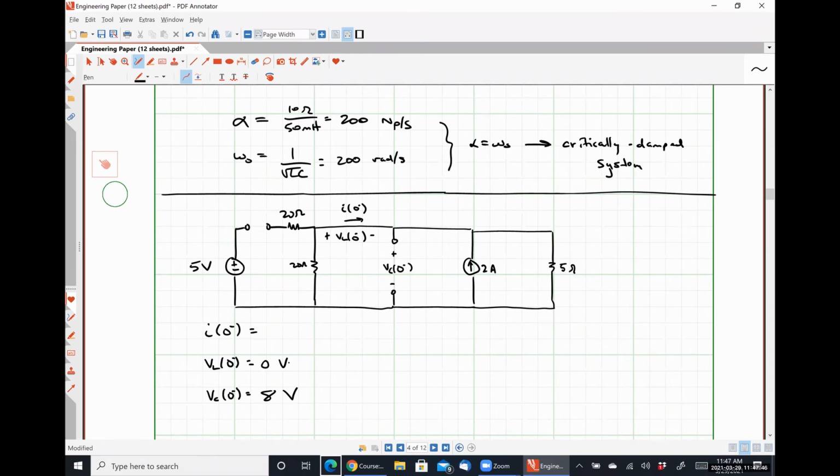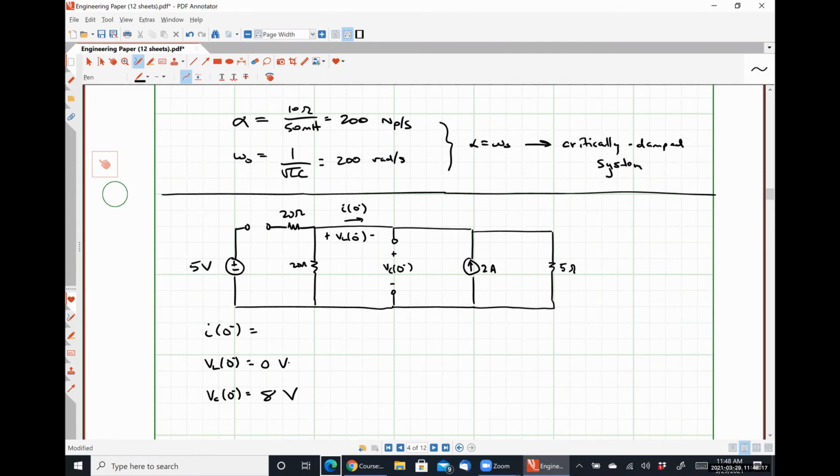Multiple ways that we could approach this. Knowing what the capacitor voltage is, in my opinion, makes this significantly easier, right? What I mean by that is we know that no current is going to flow through this guy. So all of this current I at 0 minus is flowing through this 20 ohm resistor. The voltage drop over that 20 ohm resistor is VC because they're in parallel, right?